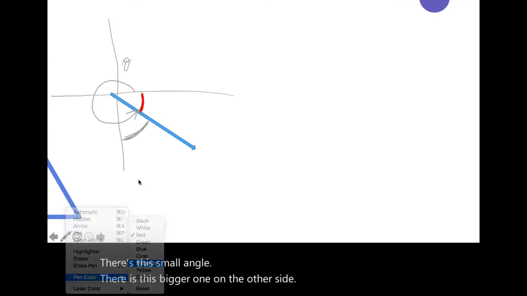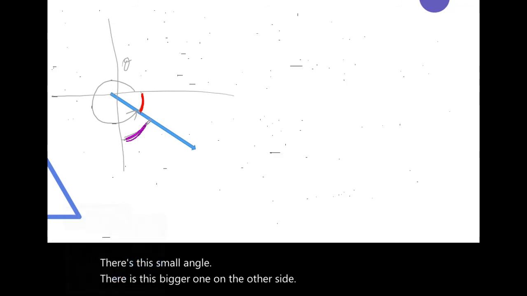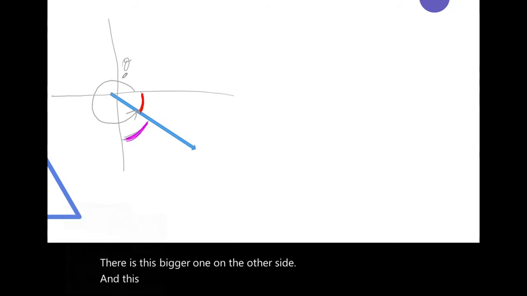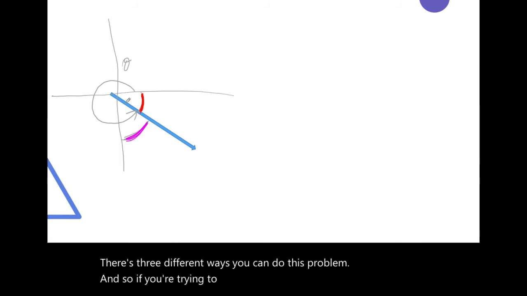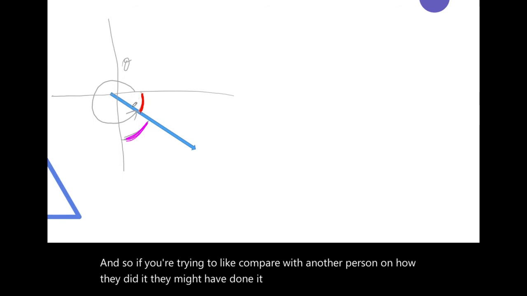And this one. So there's three angles, so at most there's three different ways you can do this problem. If you're trying to compare with another person on how they did it, they might have done it a different way. But each way should work out.